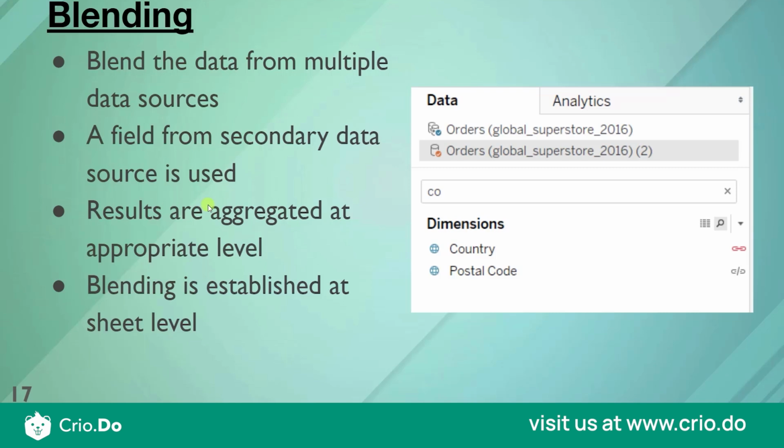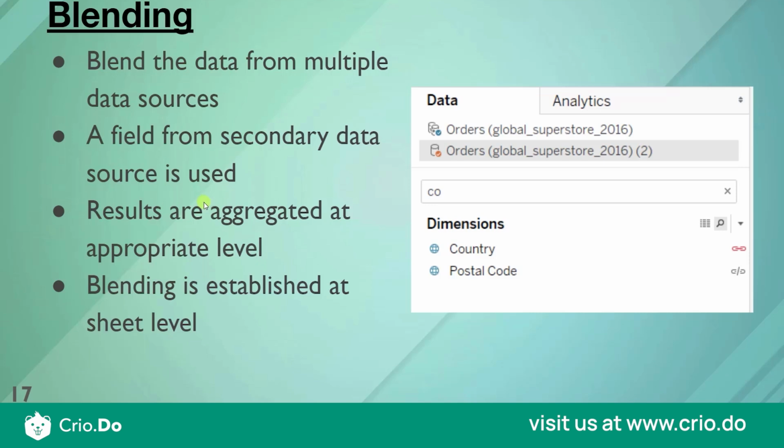Whenever there is a need for that particular blending only, you can blend the data in that particular view. So your entire table is not joined, it is at the sheet level. The blending is actually established at the sheet level. So you can use multiple data sources for blending, and results are aggregated based upon the column you are blending upon.